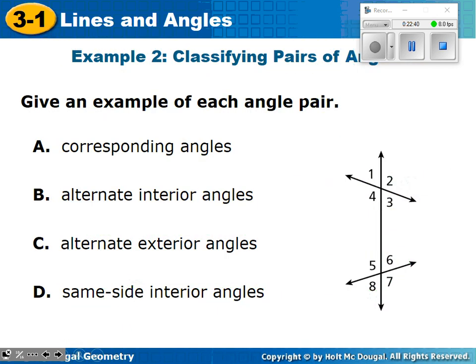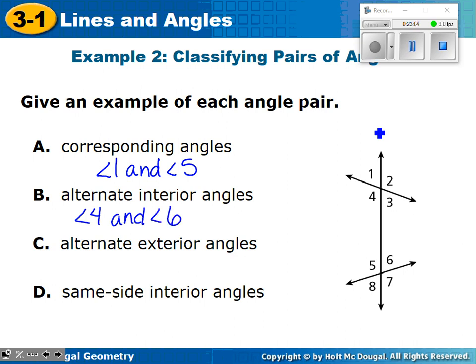All right, so let's go through. We'll just do these together to kind of speed it up. Somebody give me corresponding in this picture. 1 and 5 would be corresponding. All right, somebody different, give me alternate interior. I heard 4 and 6. Angle 4 and angle 6 would work.